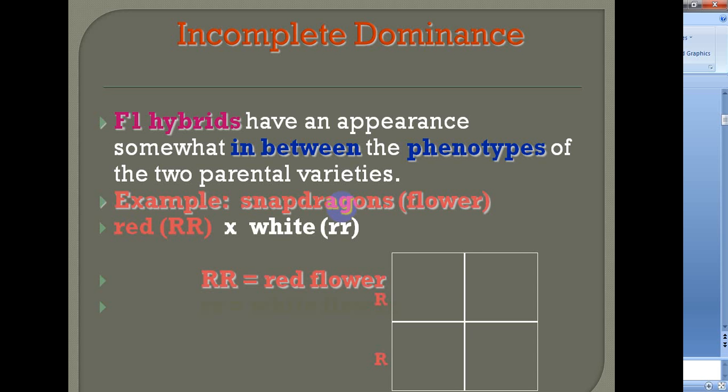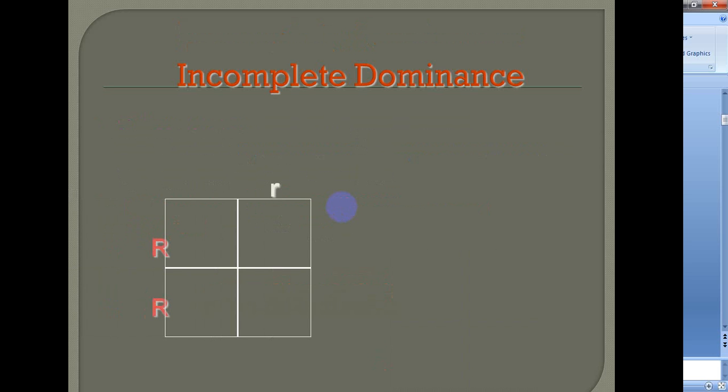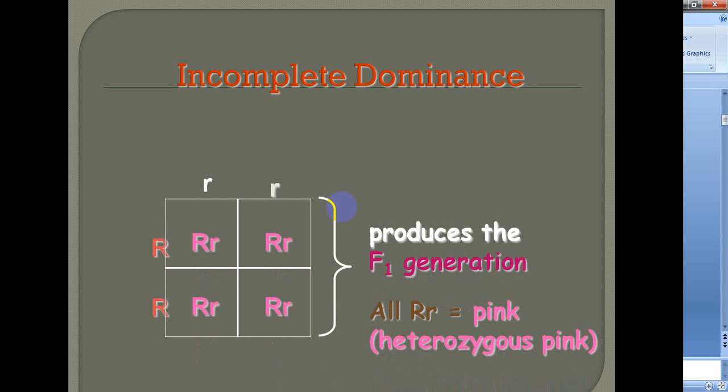Whenever a cross is made between a red snapdragon and a white snapdragon, we find that in F1 all the plants are neither white nor red, but an intermediate color, that is pink.